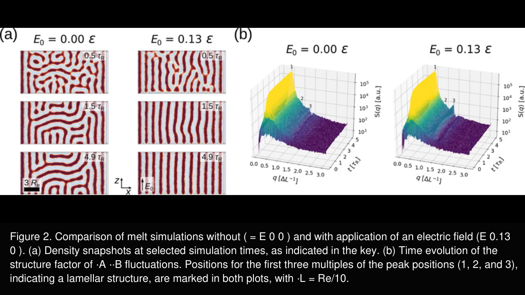Figure 2 compares the microstructural evolution in melt simulations of the diblock copolymer without and with the application of an electric field. Panel A presents density snapshots at selected simulation times, illustrating the morphology development. Without the electric field, lamellae form but remain non-uniformly oriented even after long simulation times, indicating slow kinetics and less ordered structural alignment.